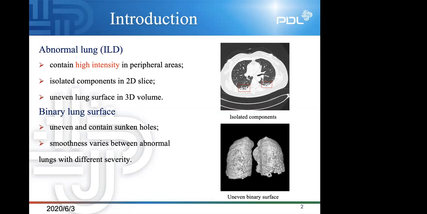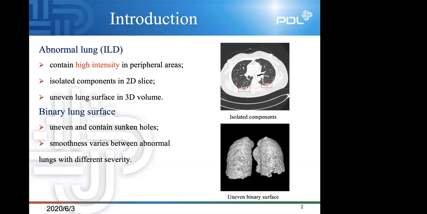However, abnormal lungs, such as those with interstitial lung disease, ILD, contain high intensity in peripheral areas. Due to the presence of anomalies, the binary surface generated from coarse segmentation is usually uneven, corresponding to the existence of some isolated components in 2D CT slices, which makes lung segmentation inaccurate.